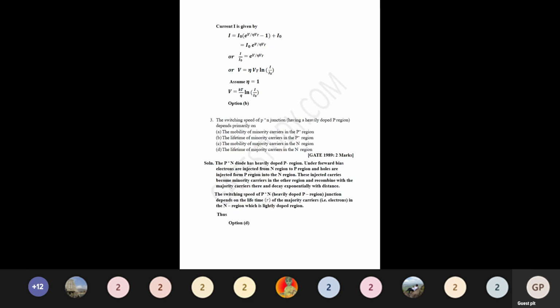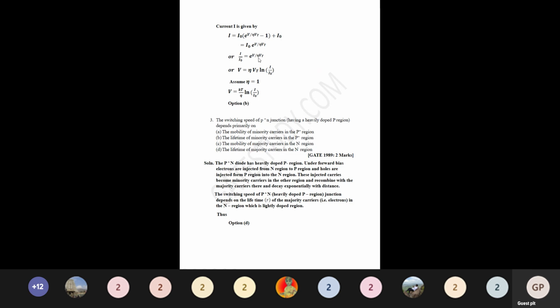So the current I is given by I is equal to I naught times e to the power V by eta Vt minus 1, plus I naught, which is equal to I naught into e to the power V divided by eta Vt. Now I by I naught is equal to e to the power V by eta Vt. From this, we calculate V. The exponential goes to the left-hand side and becomes a natural logarithm.